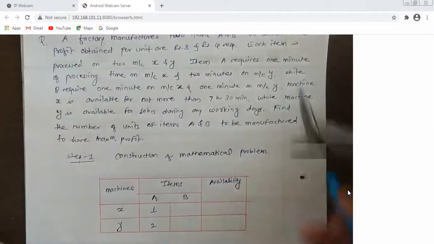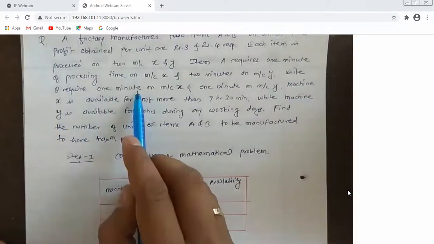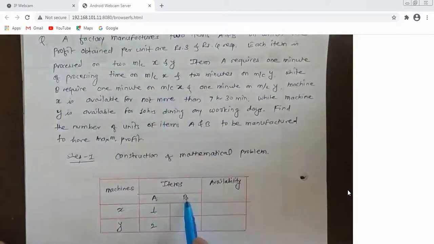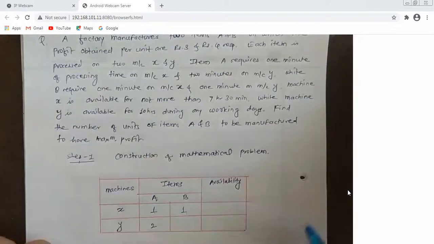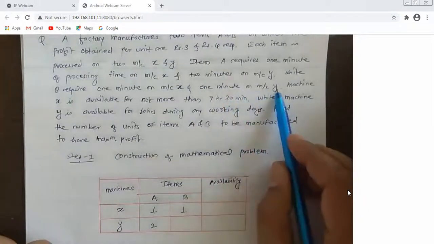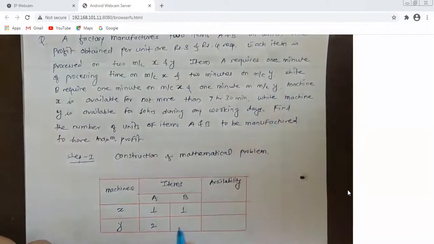Next, while B requires 1 minute on machine X, so I will write 1 here, and 1 minute on machine Y, so I will write 1 here.